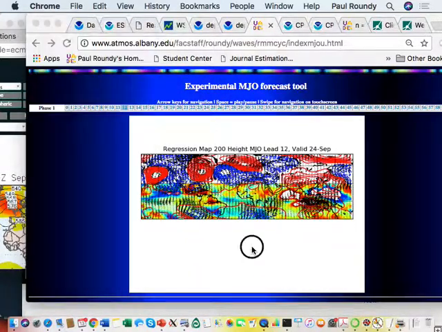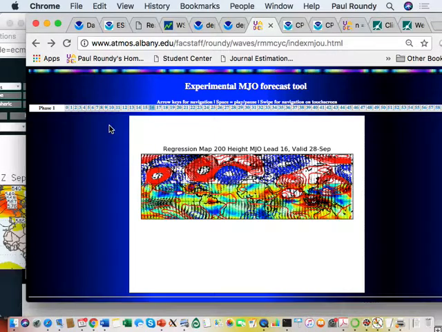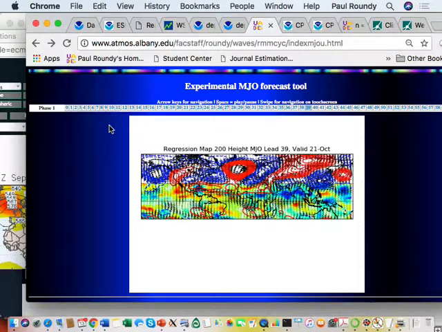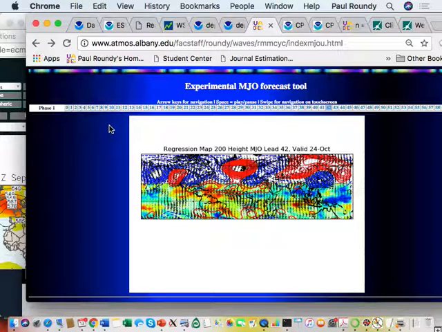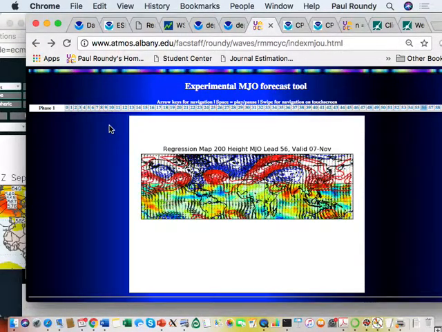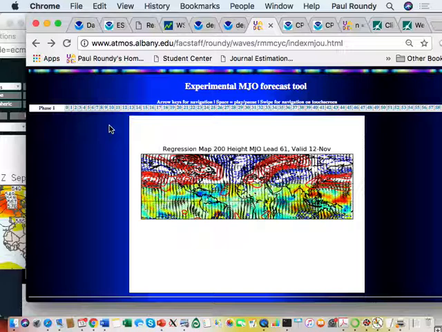But the timing of the loss of the signal here, it holds on a lot longer in here before reversing and coming to this pattern given MJO only. I have another product I'm not going to have time to show you today that uses the equatorial Rossby wave in addition to the MJO, which has a more similar evolution to the ECMWF prediction, but then is able to extend forward to suggest when transitions will occur.